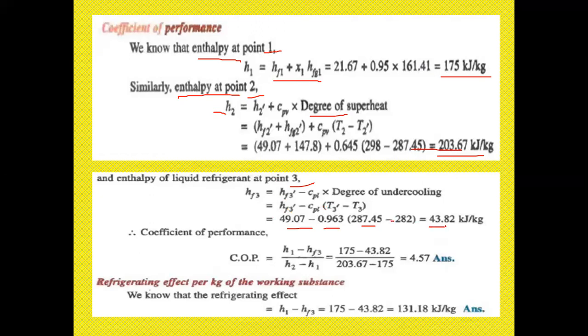Therefore, the coefficient of performance is equal to H1 minus HF3 divided by H2 minus H1. So applying the formulas directly, H2 is 245.22, and H1 is equal to 175. Upon solving this, we get the answer, that is the coefficient of performance.